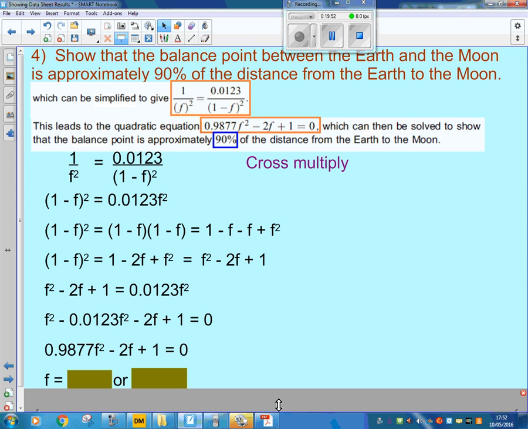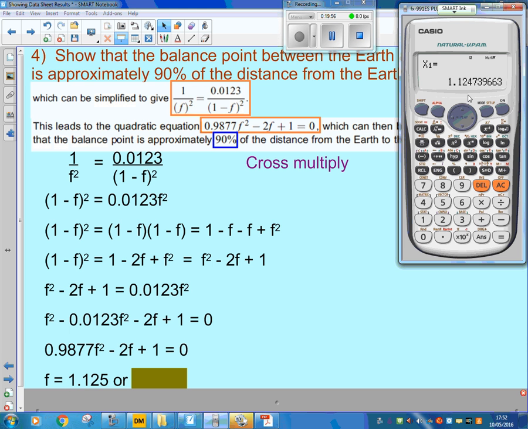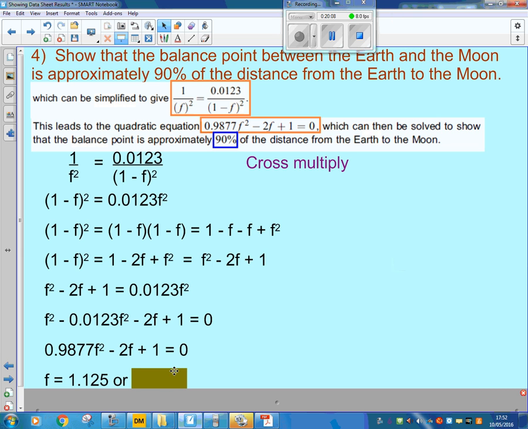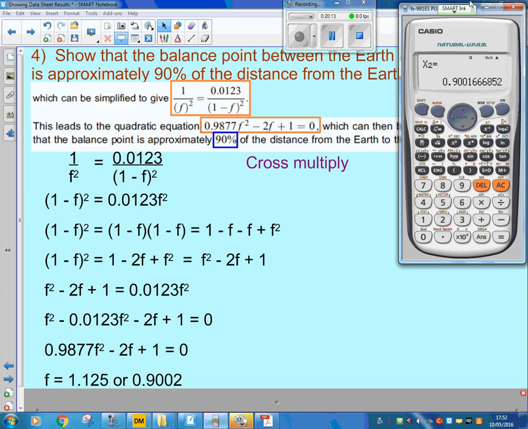The first solution is about 1.125. Then our second solution is 0.9002. So what we've got is those two solutions.